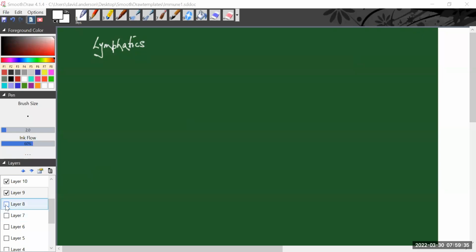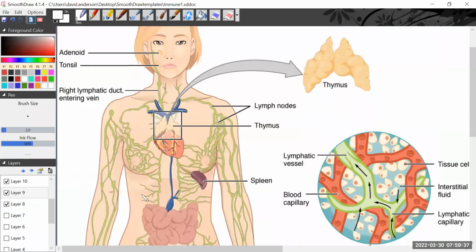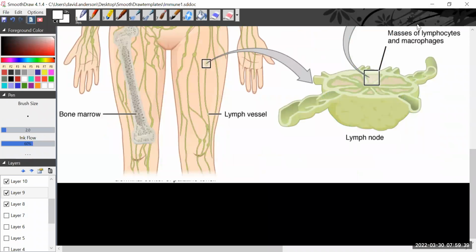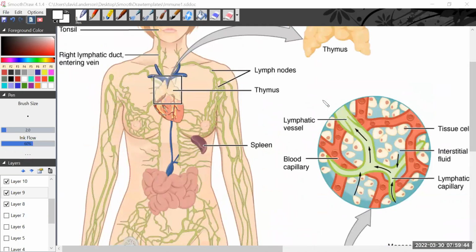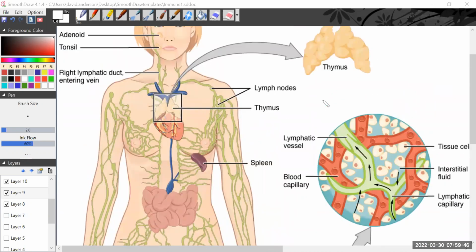So generally, the lymph vessels look like these green vessels here. So you'll see that they're all over the body. Okay, and their responsibility is to collect lymph, and lymph is going to come from capillaries.